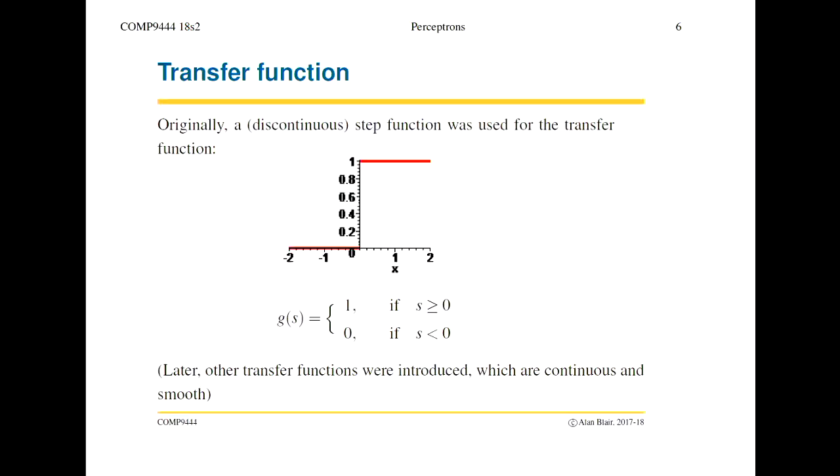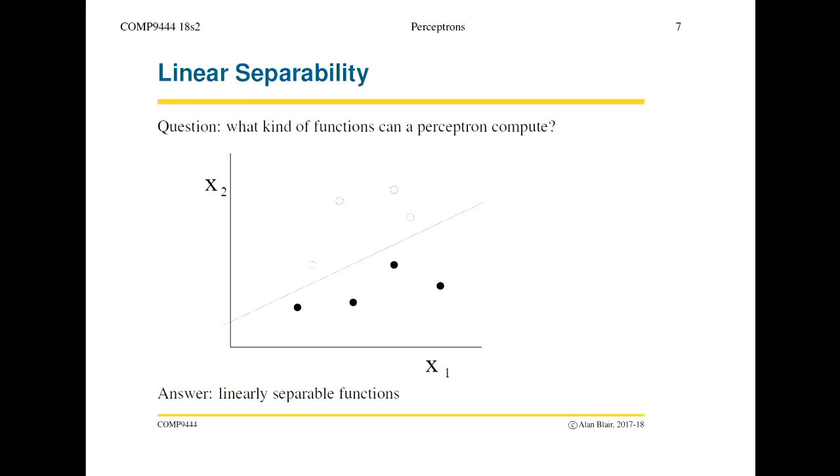If I give you any data, if I take out a piece of paper and I draw a bunch of positive and negative examples, you can, by hand, design a perceptron that will classify these examples.